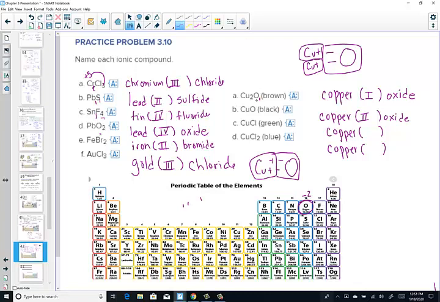This allows me to emphasize the Roman numeral is the charge, not how many, right? So when I look at Cu2O, don't be fooled into thinking that that's the Roman numeral. It's not. It's telling me that I had a +1, 2 units of that +1 to electrically balance the -2.